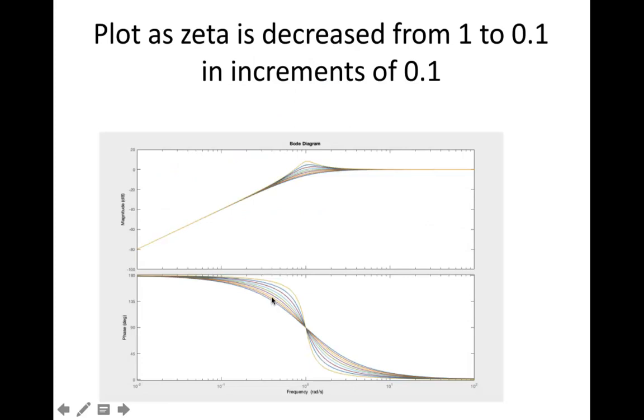Here's an example as zeta, that damping factor, gets smaller and smaller. You see the transition gets sharper and sharper. As a general rule, filters, circuits, especially active circuits with op amps, don't love these sharp transitions. So the smaller zeta gets, notice in the magnitude plot we get this little hump here.